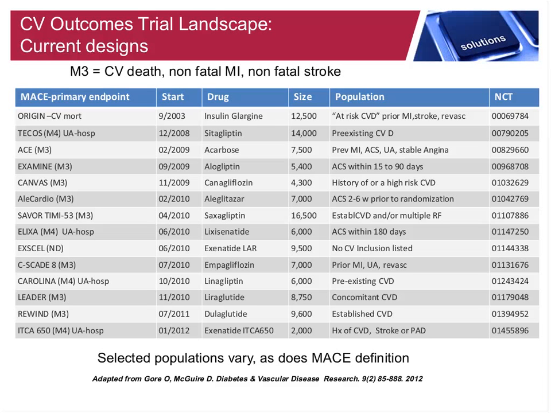What's quite interesting here is that if you look at the size of the SAVOR study and compare it to EXAMINE, both were looking at DPP-4 inhibitors, and both had the same primary endpoint. They used a standard MACE definition of cardiovascular death, non-fatal MI, or non-fatal stroke.